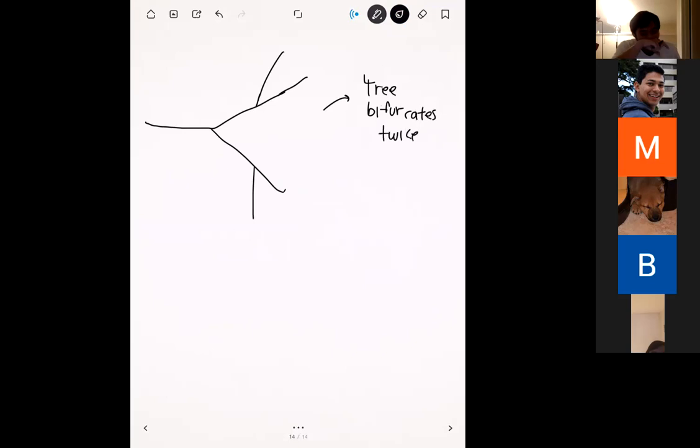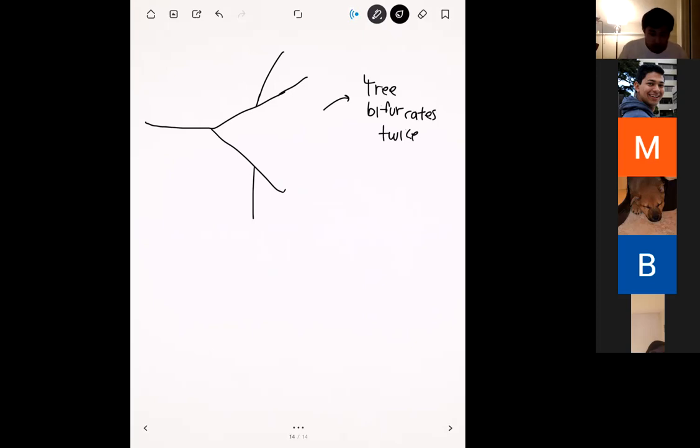And so starting with our parent vessel, it's going to bifurcate into two daughter vessels, and then those two daughter vessels are each going to have their own little granddaughter vessels. Okay. And so you can think of it as three different levels of vessels here, right? Starting from the parent, we bifurcate once. That goes from the first level to the second level. And then once it bifurcates again, it goes from the second level to the third level, okay?